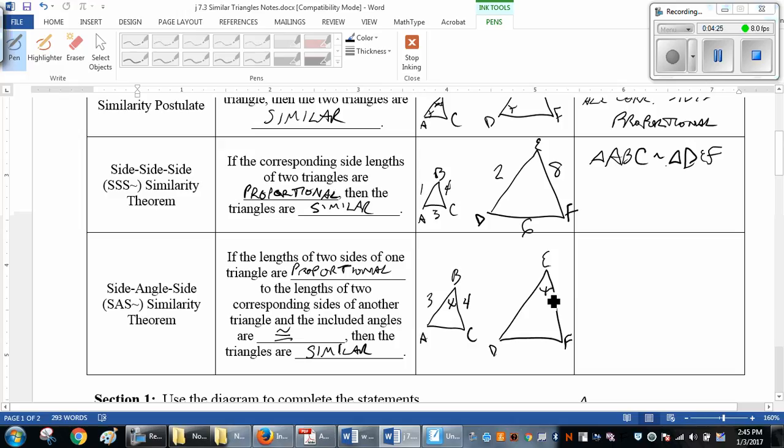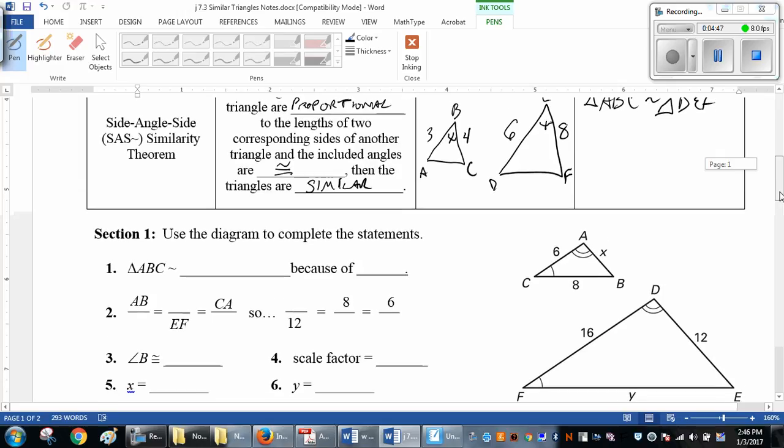And let's say again we have a scale factor of 2, which means 3 times 2 is 6, and 4 times 2 is 8. So now we see those two pairs of proportional sides and that one congruent included angle, which gives us that conclusion again that triangle ABC is similar to triangle DEF and everything that goes with it. All right, so that's what we're going to be looking for now in these different examples.